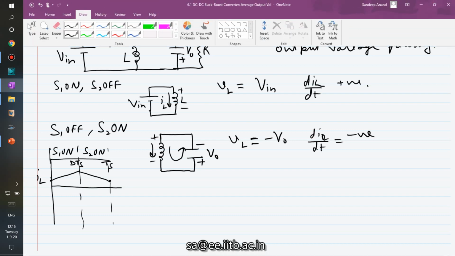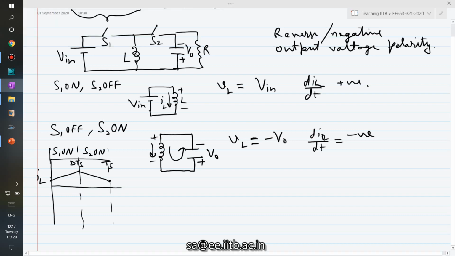Now, once we have analyzed the basic operation of the circuit, we can use the volt-second law to find the relationship between the output and input voltage during steady state operation.